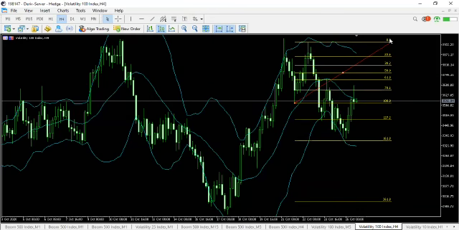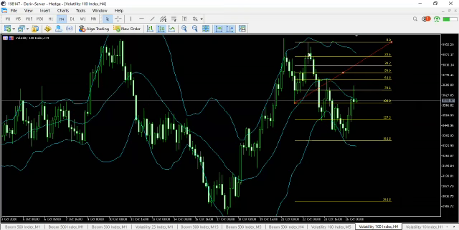Zero is at the top. The neckline is always the 100% Fibonacci. You need to remember that. So that 100% will be at the neckline here, the base, the zero is at the top, and the numbers graduate downwards.